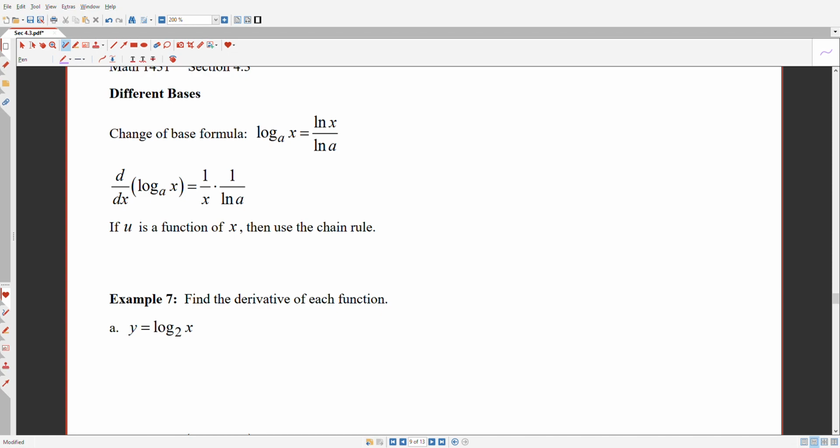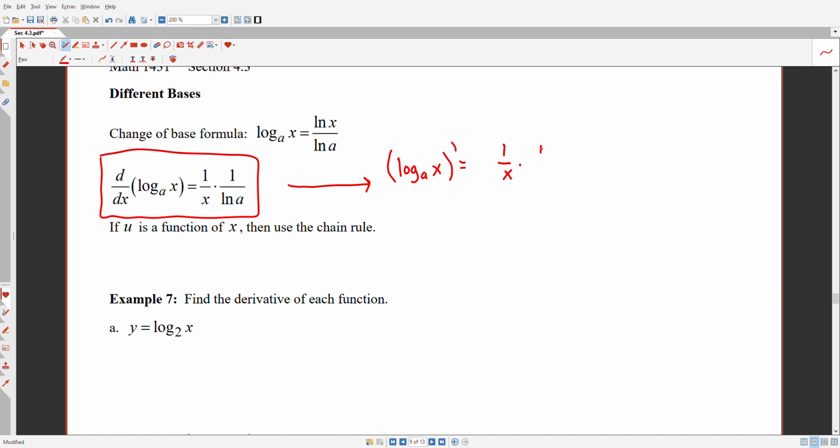Now how do you do log base a of x? And just like I said at the beginning summary, here is the formula. The derivative of the log base a of x is 1 over x times 1 over natural log of a.